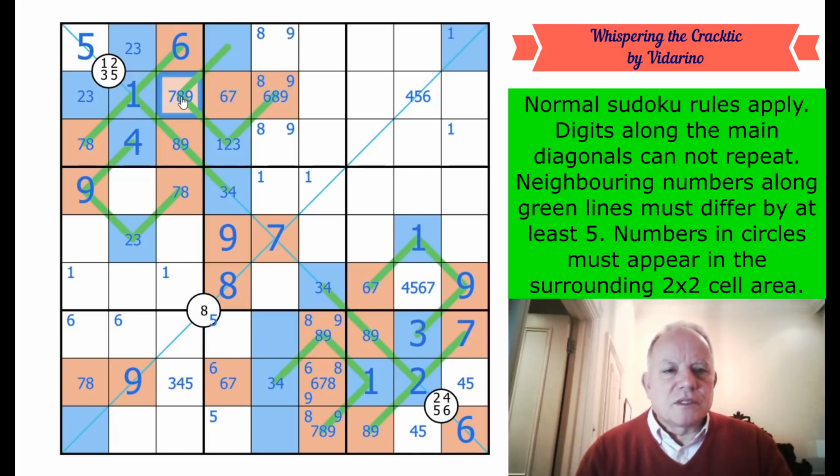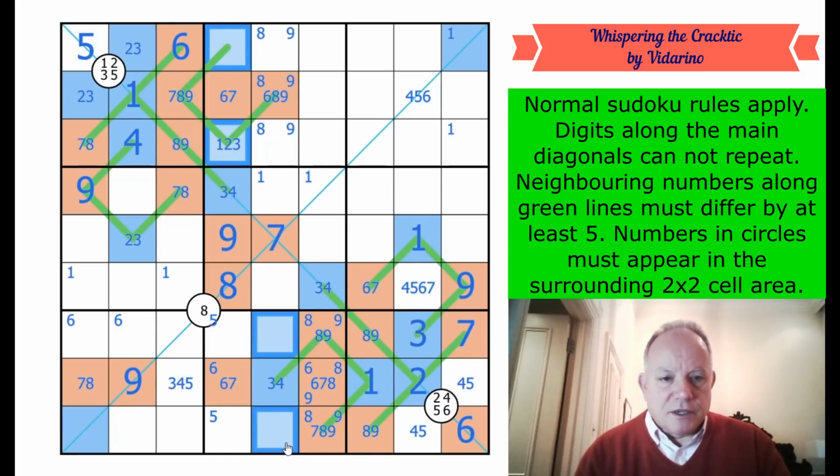That would force this to be a 1-2 pair. That would force this to be a 1-2 pair. Then we'd have a 1-2 pair here. That's getting interesting. This would have to become a 3, and that would be an 8, which would put 8 here, but that would have happened already.